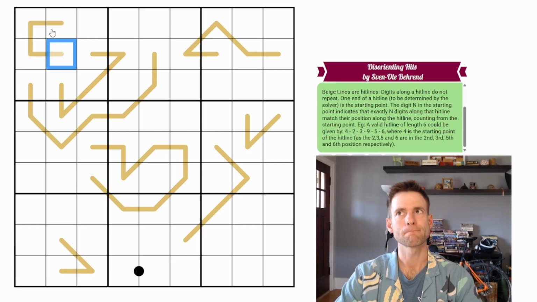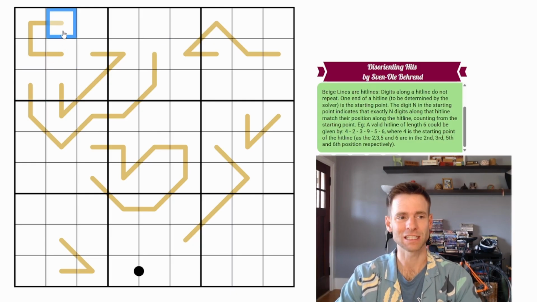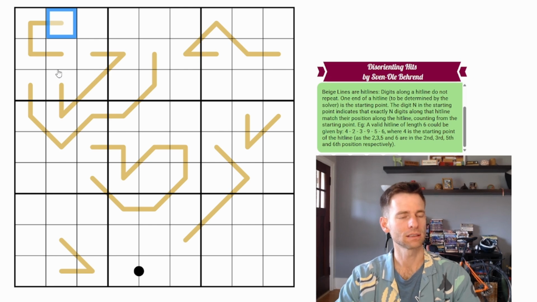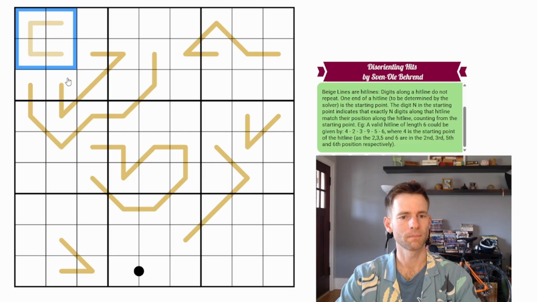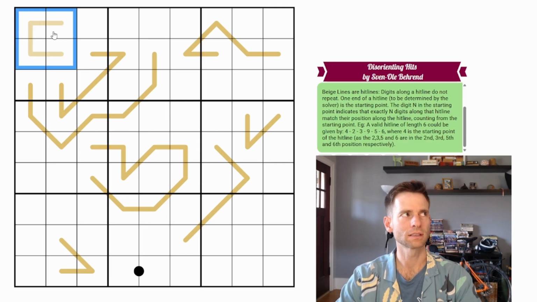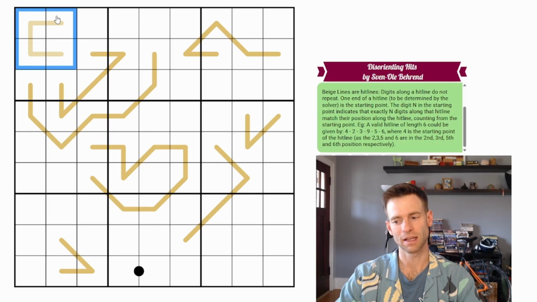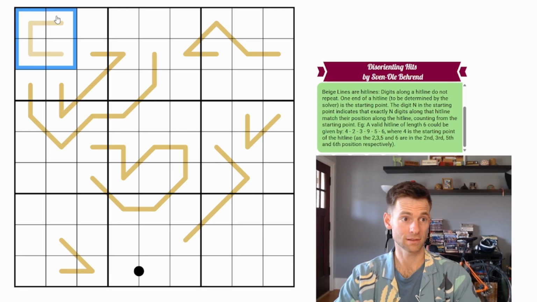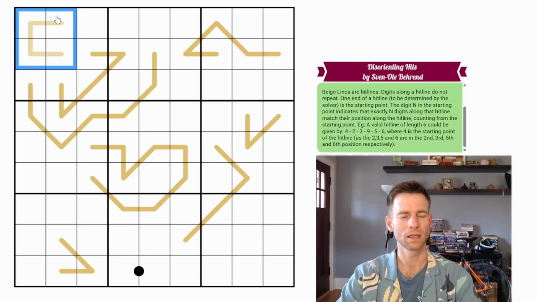So on each hit line, the starting point, which we don't know where it's going to be, is one of the ends. The starting point can only be a maximum of the length of that line, right? Like on this line, the maximum number of cells where the digit in that cell corresponds to the position, like the order, is 4.